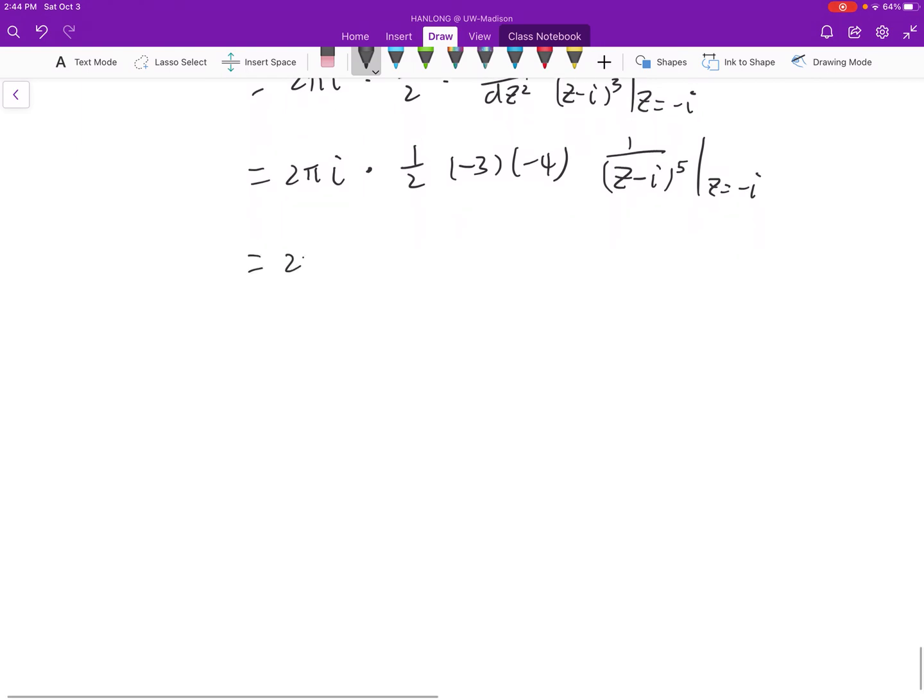So this is 2 pi i times 6 times 1 over (negative 2i) to the fifth.